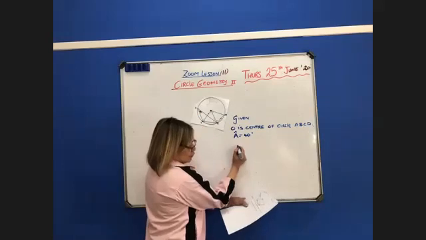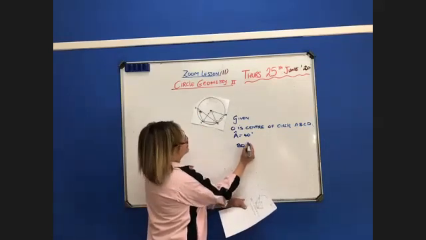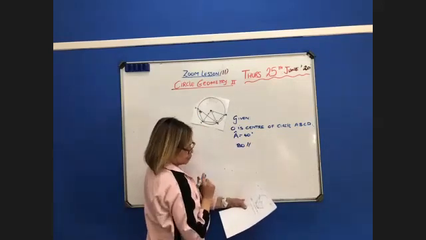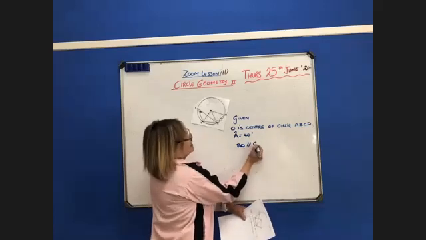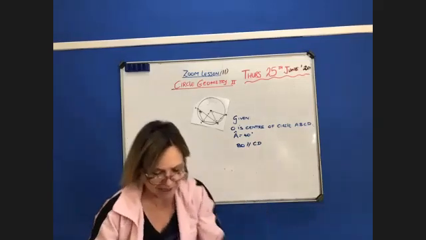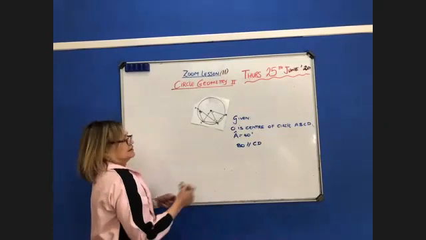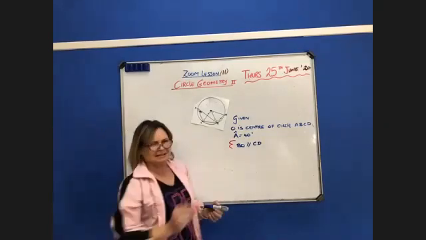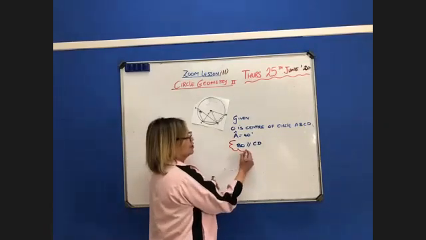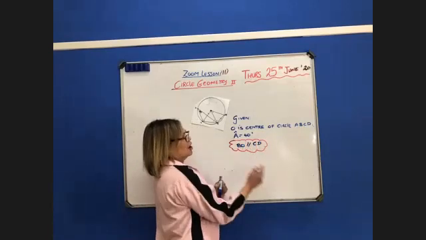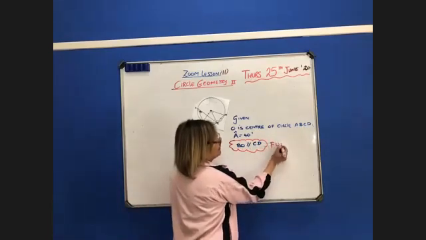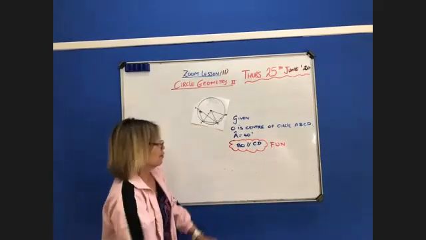BO is parallel to CD. If you are given parallel lines, that is like, if I'm Inspector Clouseau, that's a clue. I will definitely be having a fun angle in this, without a doubt.